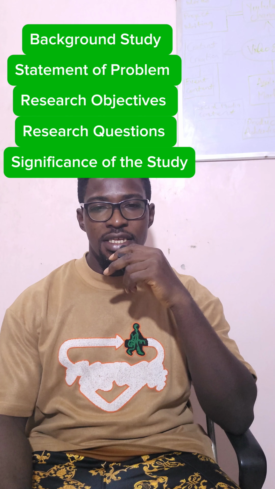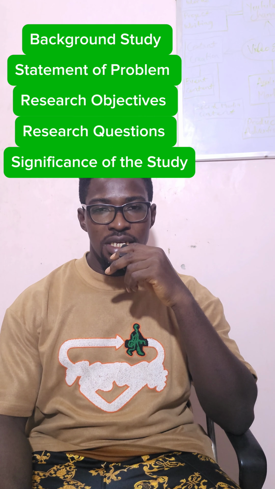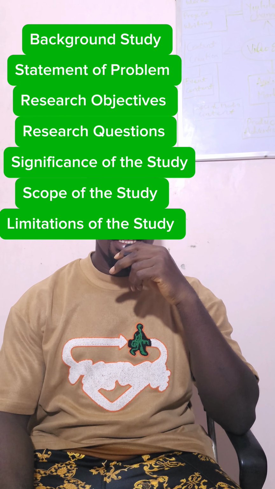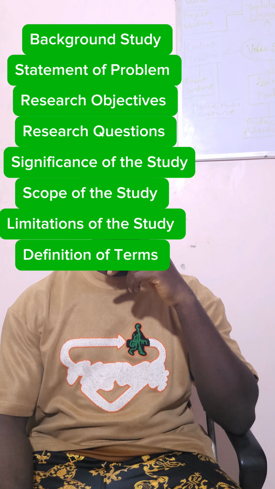Chapter one has eight components, namely: one is the background study, two is the statement of the problem, three is the research objectives, four is the research questions, five is the significance of the study, six is the scope of the study, seven is the limitation of the study, and eight is definition of terms. Having said that, let's start with the first one, which is background study.